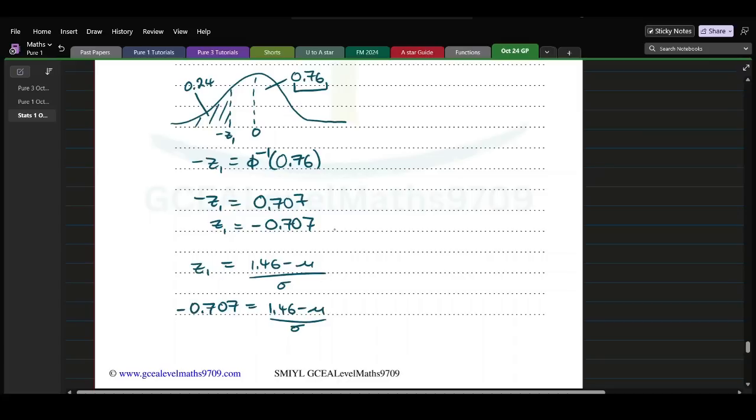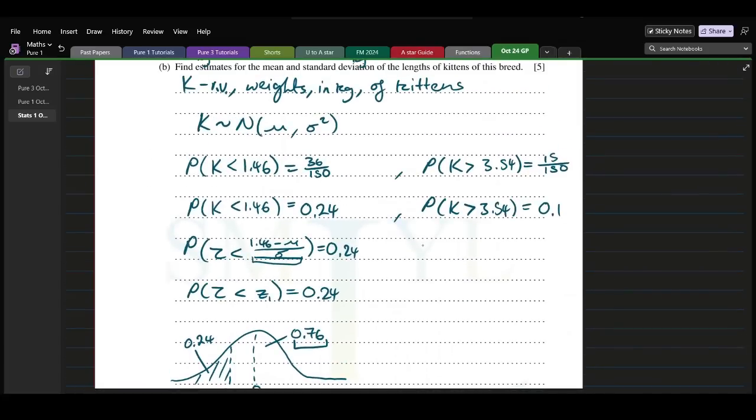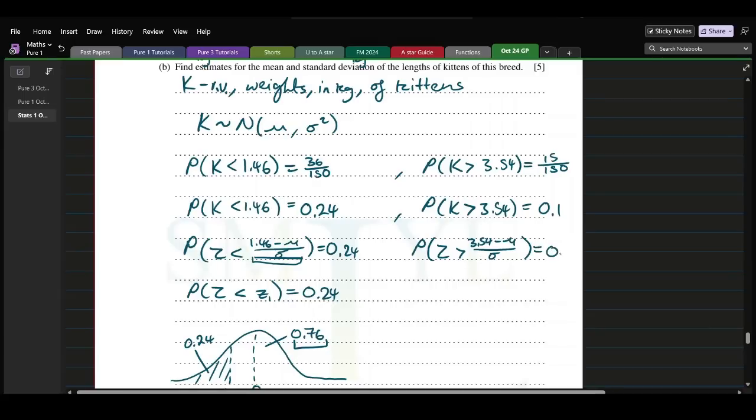Alright, and we're going to do the same for our other problem here. So we start by standardizing. This is Z is greater than (3.54 minus mu) over sigma, and this is equal to 0.1. We're going to replace this expression with Z2.